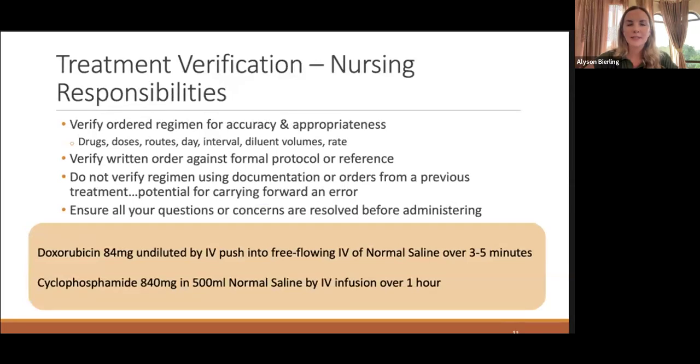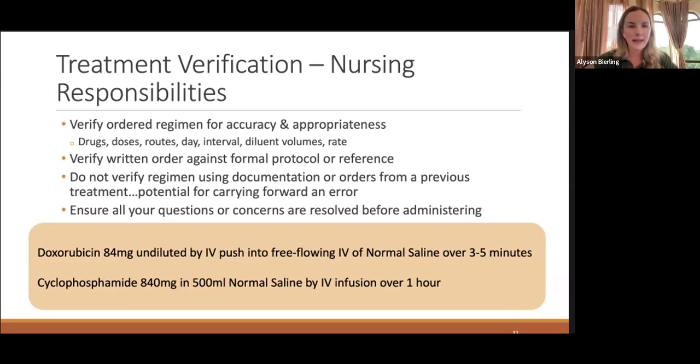So what are the nursing responsibilities when verifying that the treatment plan is correct? The nurse needs to verify that the regimen that the doctor ordered is accurate and appropriate for the patient that will be receiving it. So we want to be verifying the drugs, the doses, routes, the day, the interval, diluent volumes, and rate.